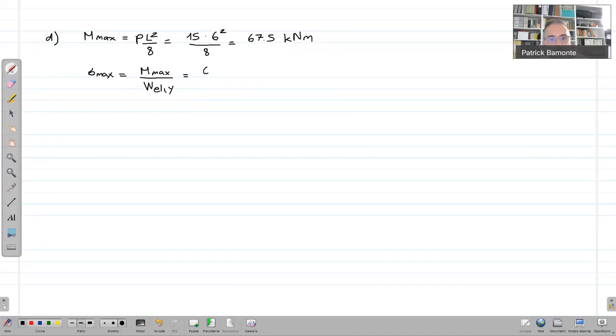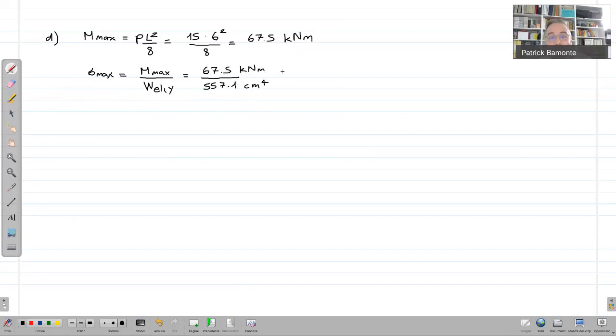So basically I have to do 67.5 divided by 557.1, but I have to be careful once again about the units of measure, because this is kilonewton times meter, and this is centimeters to the power of 4. The limit stress, as I mentioned previously, is given in megapascals.